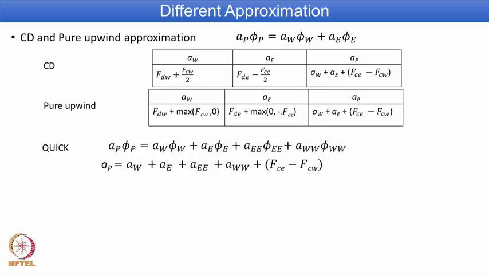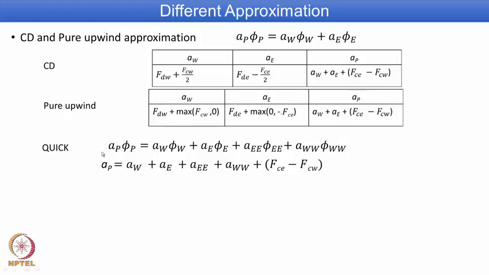For the QUICK scheme, we have similar terms, that is AW phi W plus AE phi E plus one extra node on the upstream side, which again considers both side possibilities. The generic formula is given here.